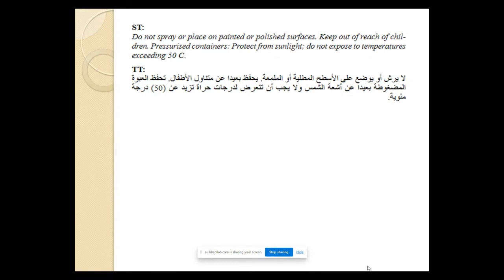لا يرش أو يوضع على الأسطح المطلية أو الملمعة. يحفظ بعيدا عن متناول الأطفال. تحفظ العبوة المضغوطة بعيدا عن أشعة الشمس، ولا يجب أن تعرض للحرارة تزيد عن 50 درجة مئوية. What can you notice here? What can you notice? What is this text first?